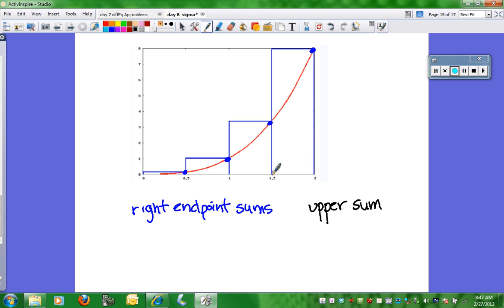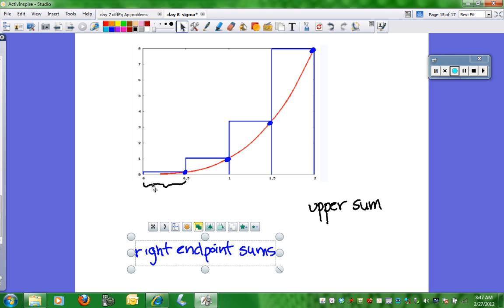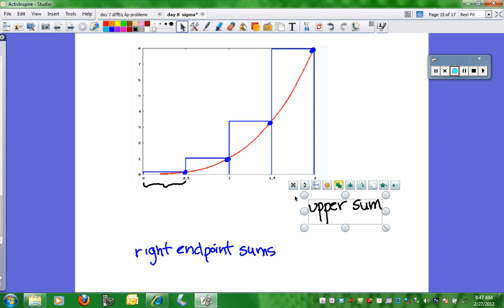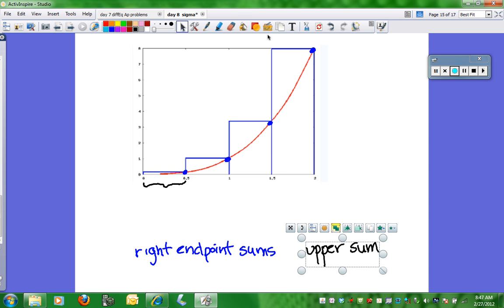Now, how did they do this? If you notice, in both the right and the left endpoint sums, they had a uniform, consistent width of the rectangle. In this case, it looks like it's 0.5.